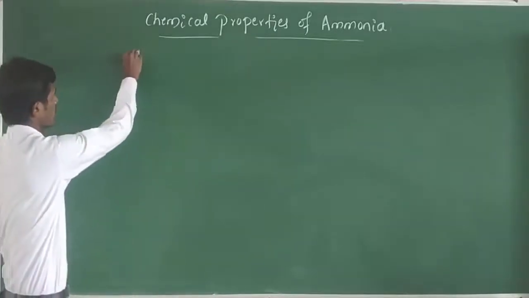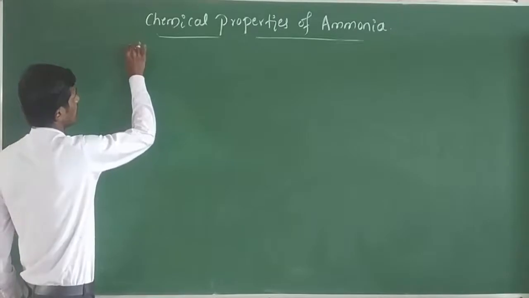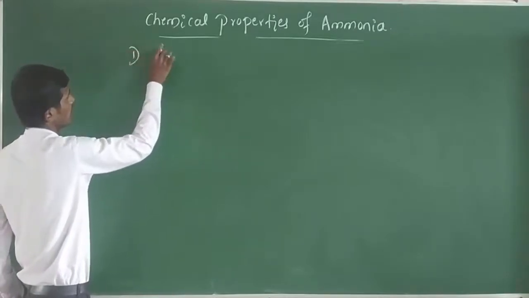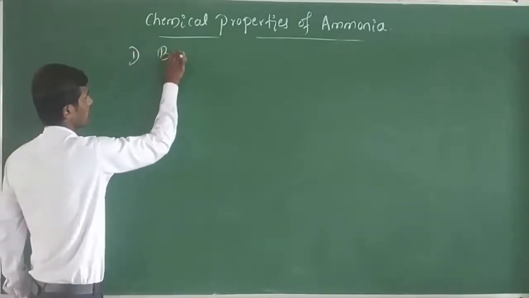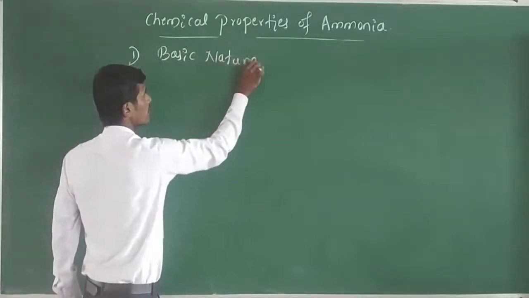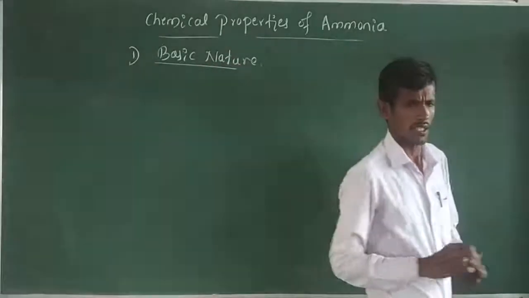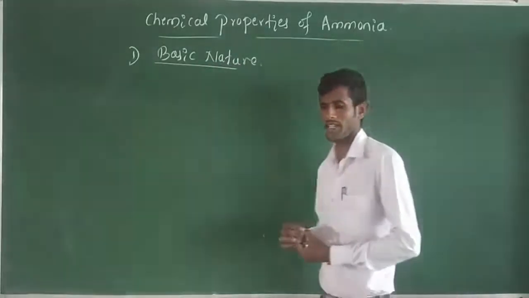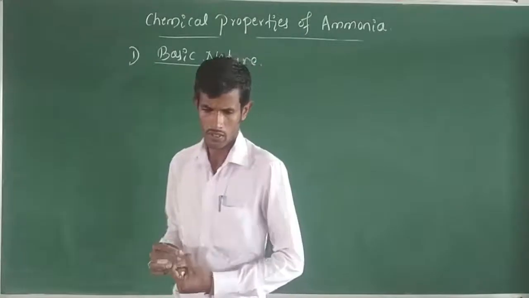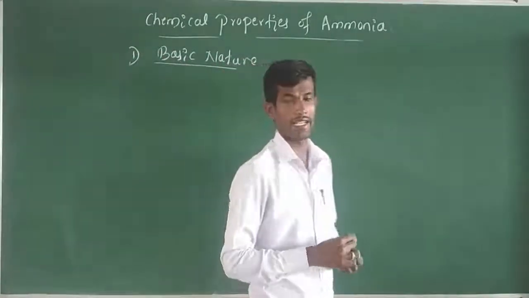In that, first point, basic nature. Basic nature of ammonia. Yes, ammonia is one of the Lewis bases because of the lone pair of electrons present on the nitrogen atom.